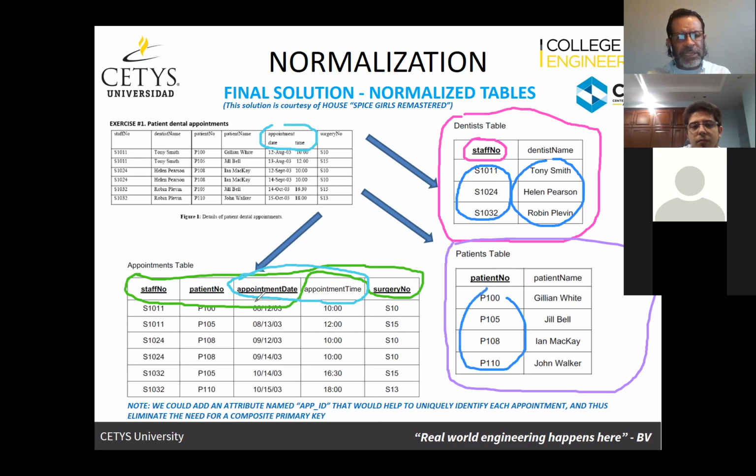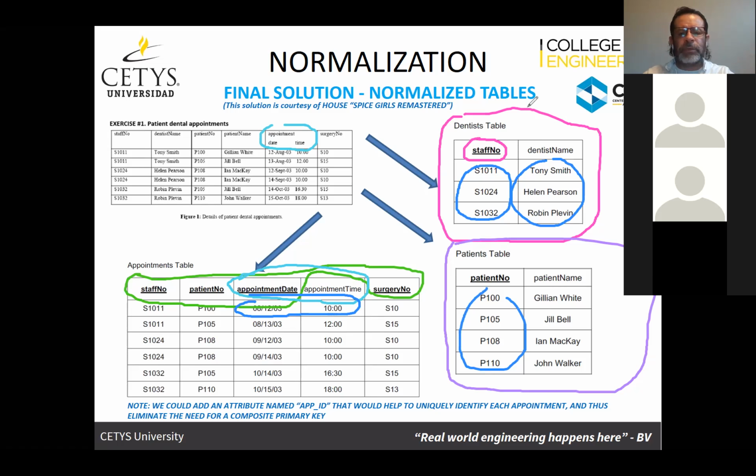But this one could be either a date data type or a date time data type. So you could actually have a data type where you have the date and also a timestamp on it. So if you did it combined, it wouldn't be incorrect. Okay, thank you. And so this would be the solution that we could have.